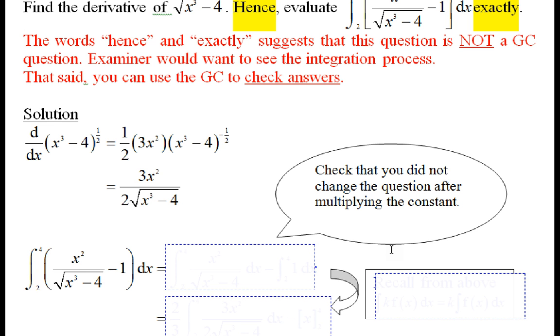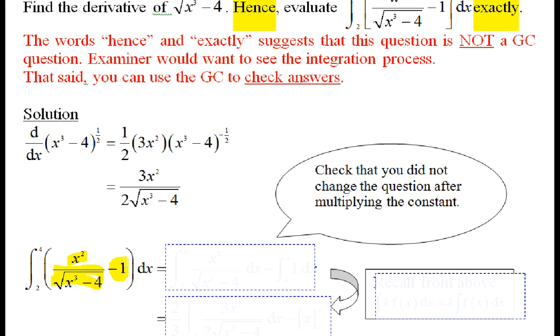Now suppose we know how to differentiate this, answer done. Now look. Differentiate this, I get this. So therefore integrate this, I get back this. But the question now is, I want to integrate this expression here, with an additional -1.